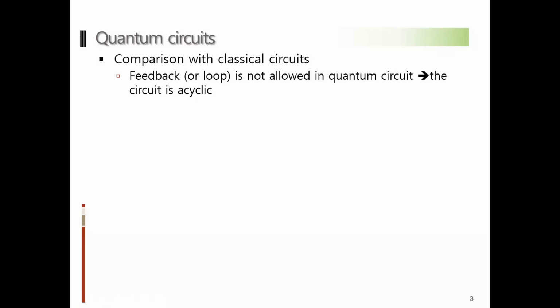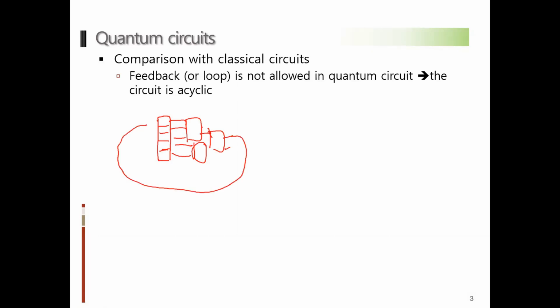In sequential logic, what we generally learn is that there is some kind of flip-flop or register, and then some combinational logic, and then there is some result, and finally this value will go back to the register for the next step. This kind of loop is not allowed in the quantum circuit, because there is no such concept in quantum mechanics.